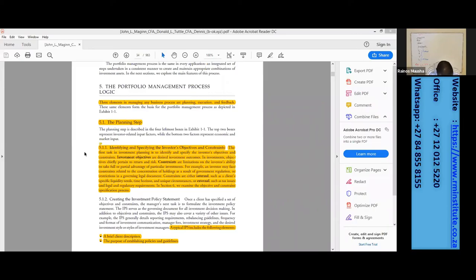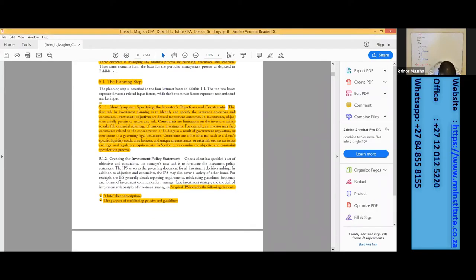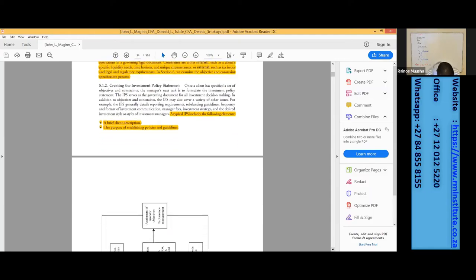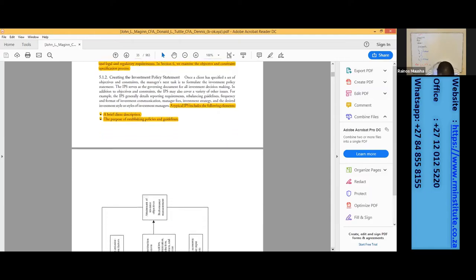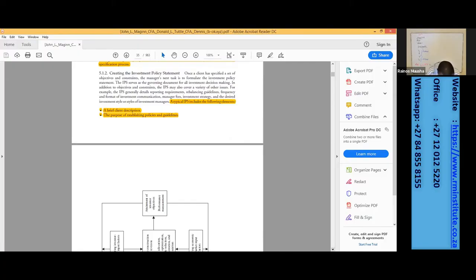On section 5.1.2, in the last sentence of the first paragraph, they say a typical investment policy statement includes the following elements: a brief client description, and the purpose of establishing policies and guidelines.